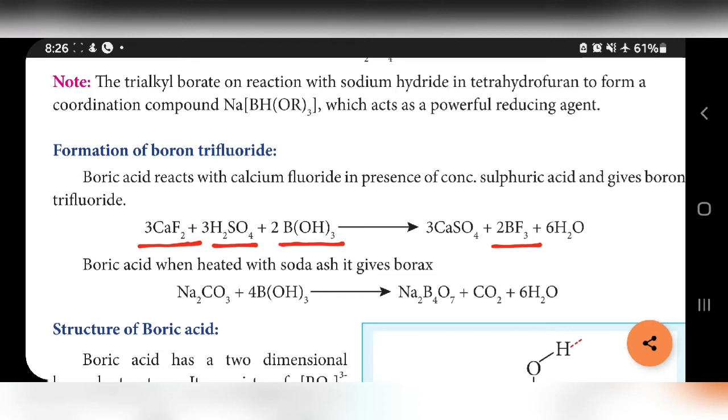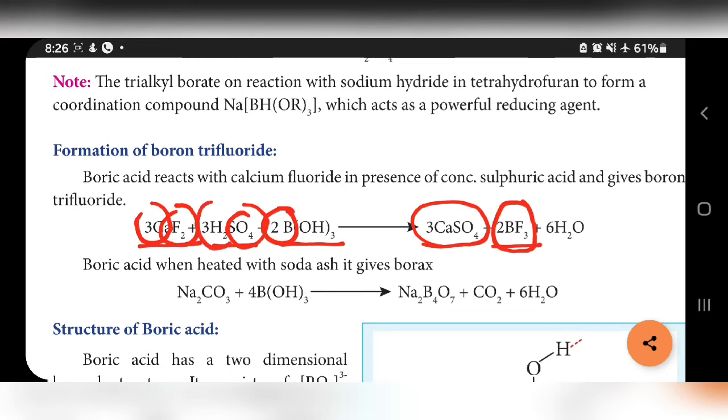This 3 calcium takes this 3 sulfate and forms 3 calcium sulfate. Remaining boron combined with the fluorine means it forms boron trifluoride. Remaining 6 hydrogen takes 6 OH, means it forms 6 molecules of water.